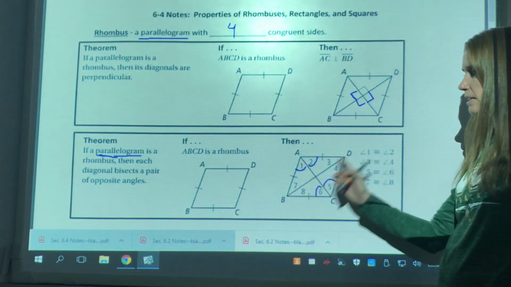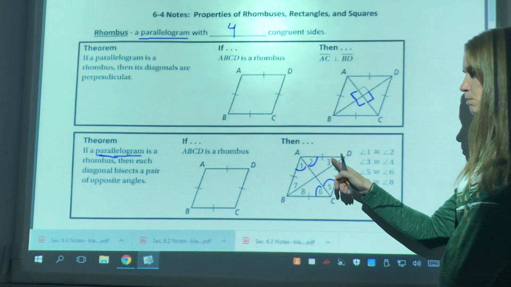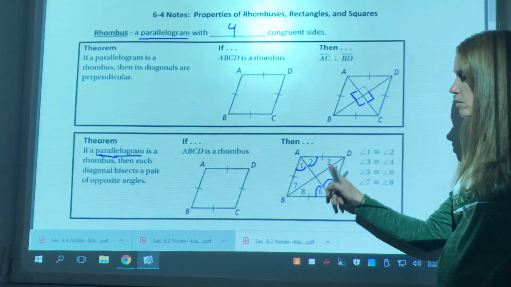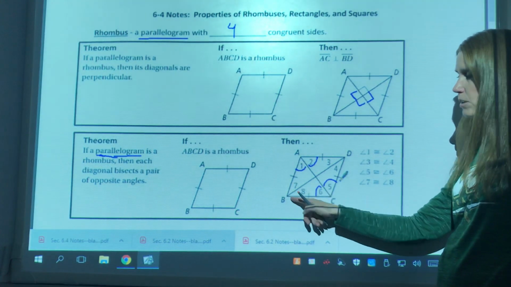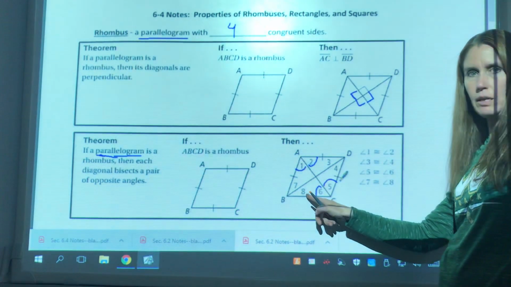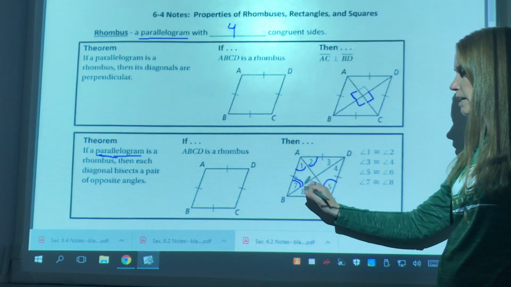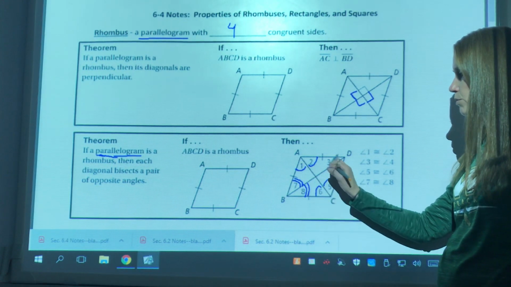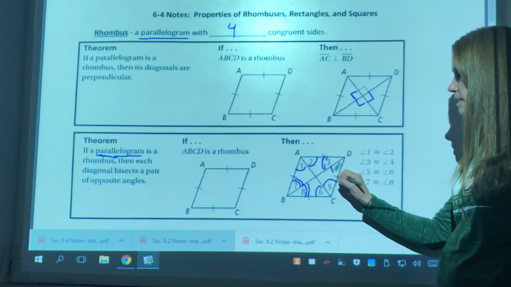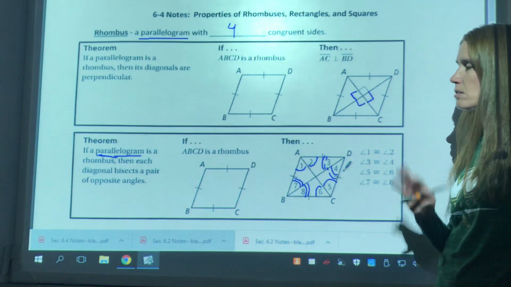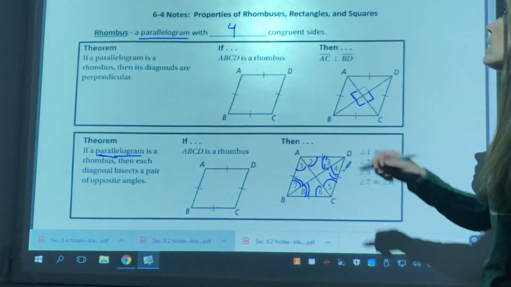Okay, same applies over here. I know this diagonal is bisecting this whole angle, which means these 2 are congruent. I know this diagonal is bisecting this whole angle, which means these 2 are congruent. But since opposite angles are congruent, I therefore know that all 4 of these angles must be congruent to each other. Okay, so that's some properties for a rhombus.